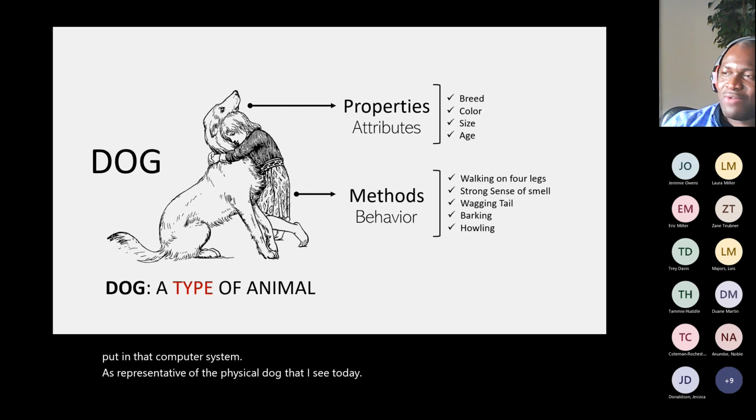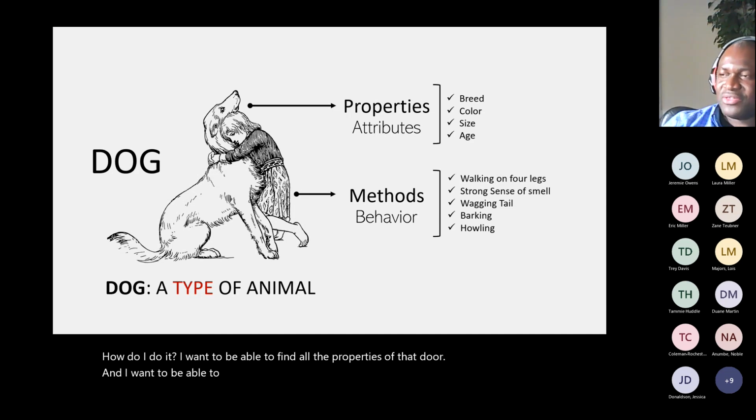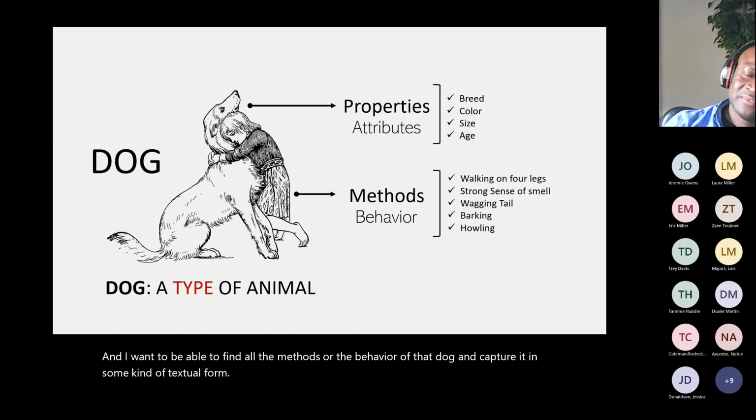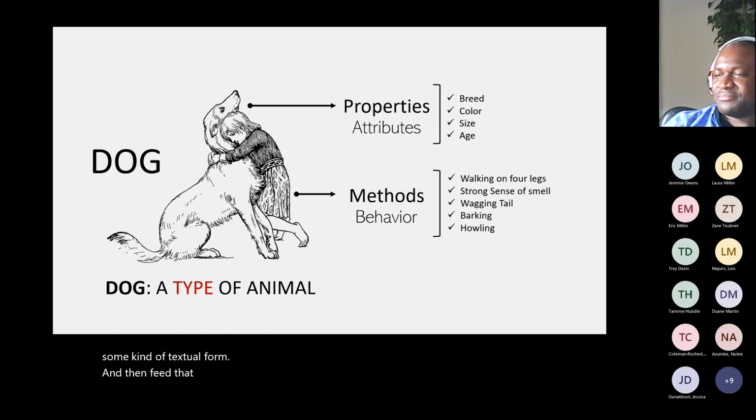How do I do it? I want to be able to find all the properties of that dog, and all the methods or the behavior of that dog, and capture it in some kind of textual form and then feed that data into the system, right?